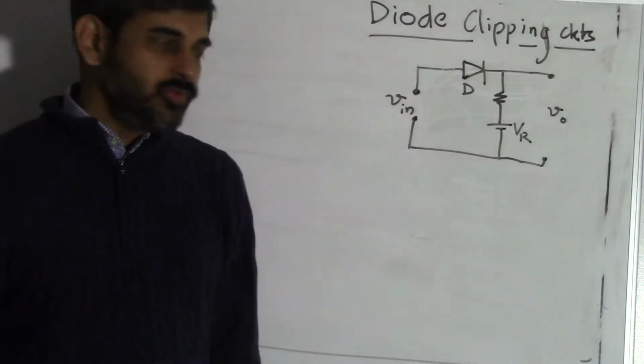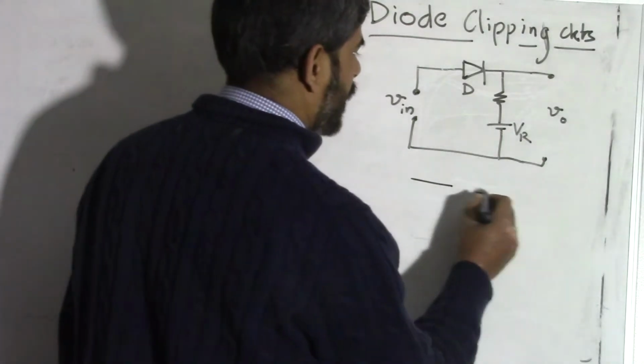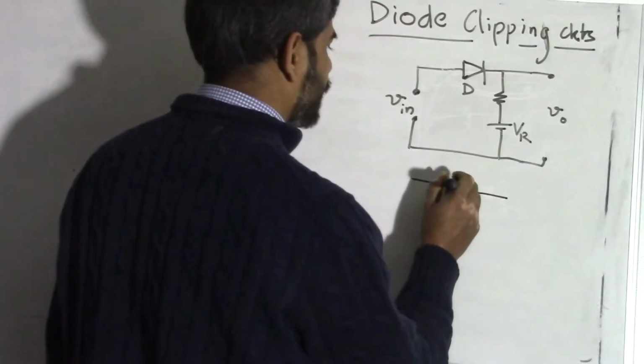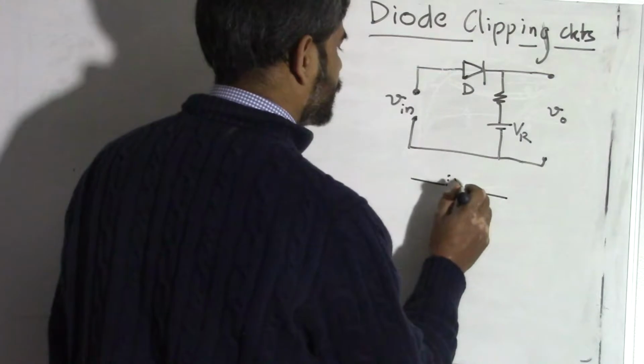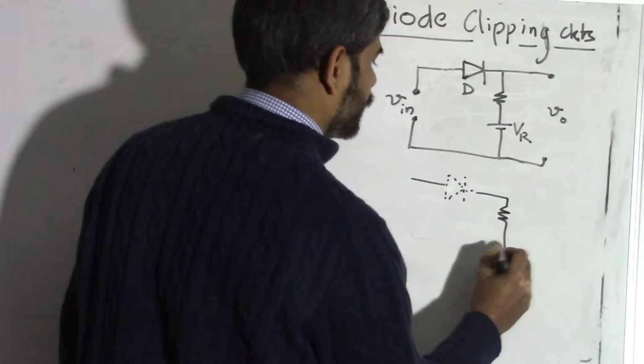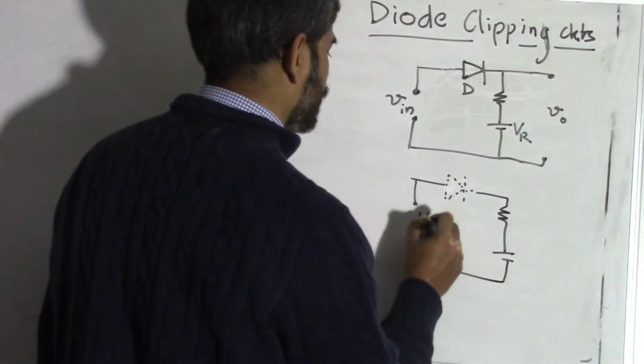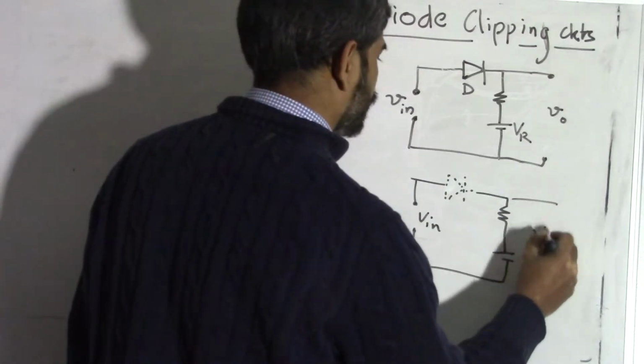So the first step to analyze this kind of circuit is to remove the diode from the picture. I have shown it as a dotted thing, which means I have mentally removed it, and this is the resistor, this is input voltage V in, and this is output voltage.